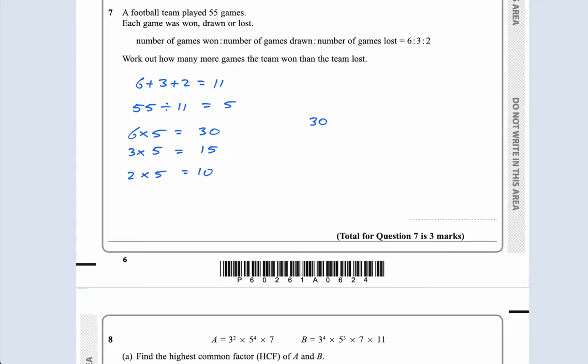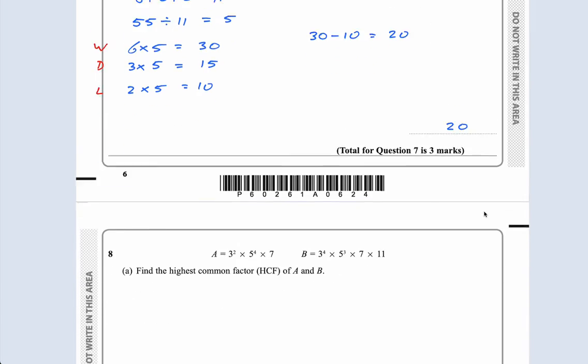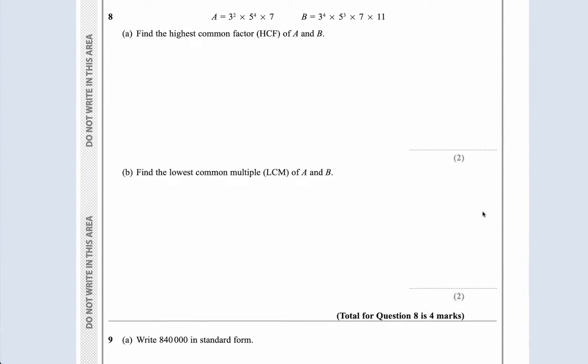This is win, draw, lose. They won 30, they lost 10, which means they won 20 more games than they lost, if that makes sense. 20.